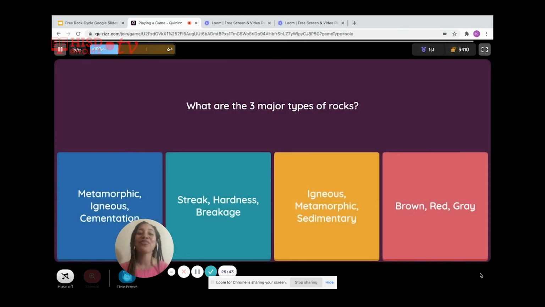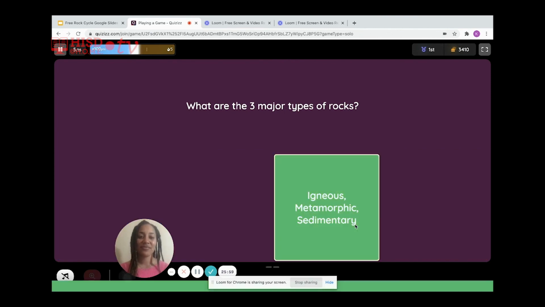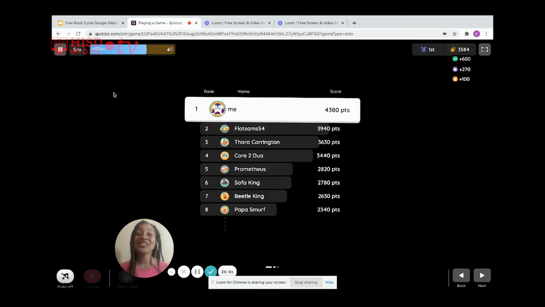What are the three major types of rocks? What did we learn today? Yes, today we learned about igneous rock, metamorphic, and sedimentary. Great job.